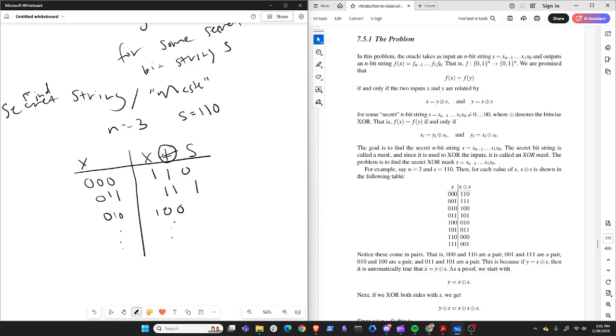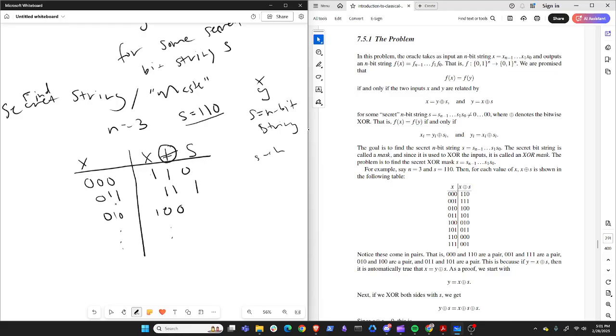So s is some secret string. It's just like in the previous example, it's some secret string s that is XORed. s is an n-bit string such that when we XOR Y with the string, we get X, and when we XOR X with the string, we get Y. Yeah, so these exist in pairs.